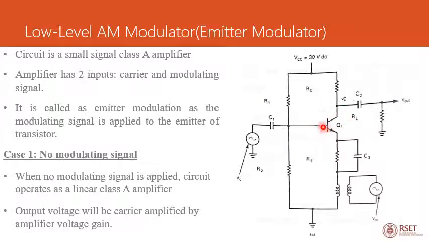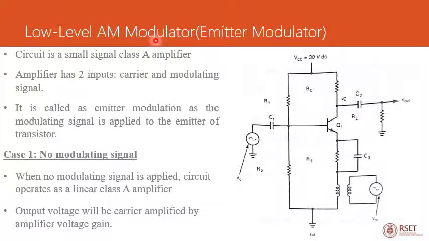Here the modulation takes place prior to the output element. The output element is the collector. If the modulation takes place at the collector, then it is a high level. But in this circuit, the modulation takes place at the emitter. That is why this is known as the low level AM modulator.